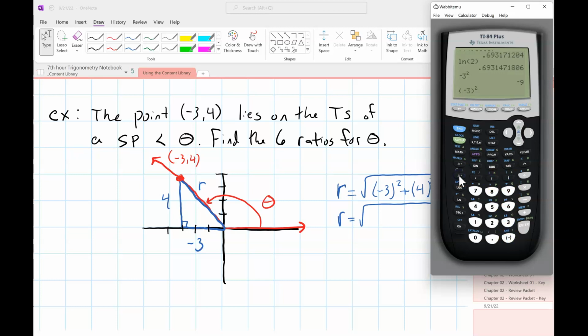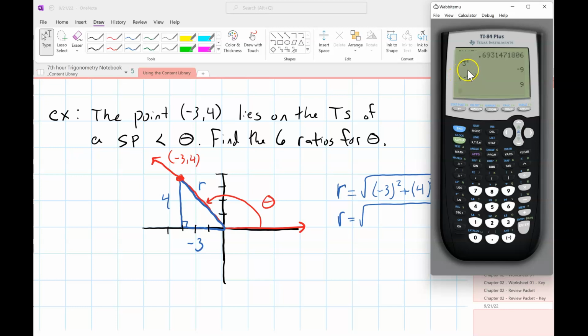This is what you mean. You want to make the 3 negative and then square it. The calculator is going to strictly follow the order of operations. Making something negative happens in the multiplication step of the order of operations. So if I typed in -3 squared with no parentheses there, it's going to square first and then make the answer negative.